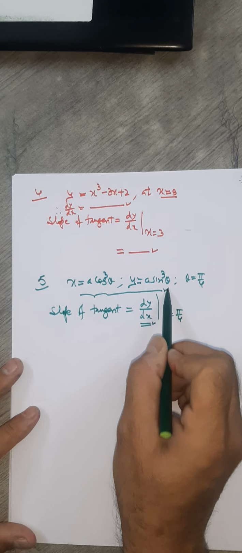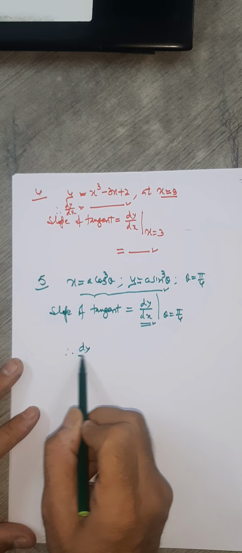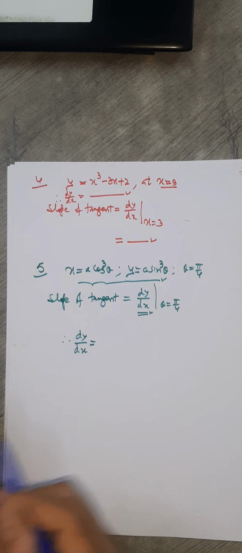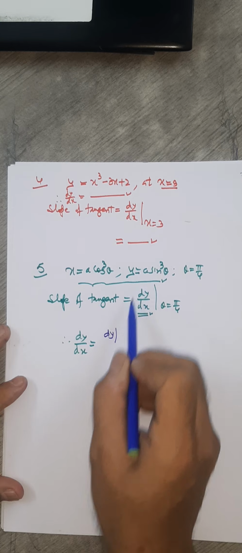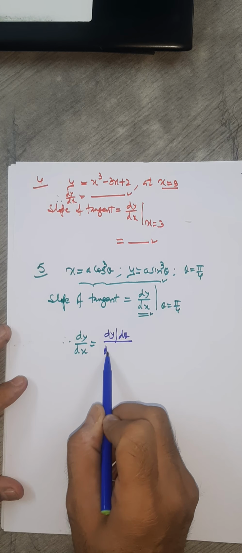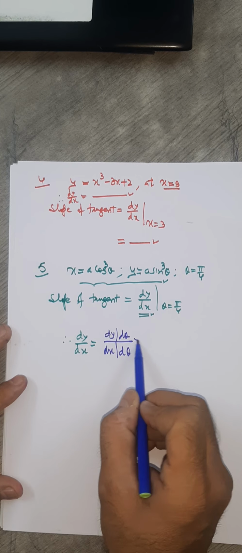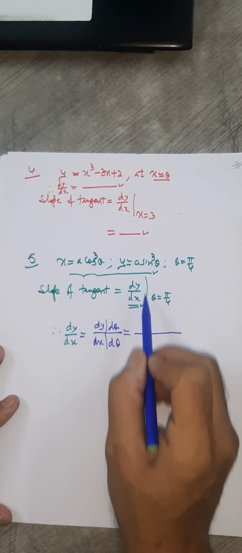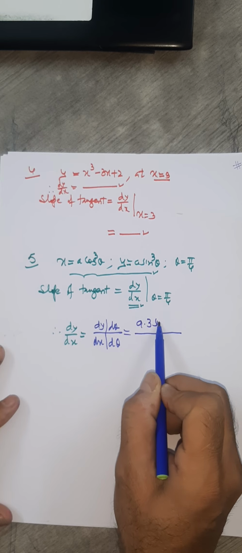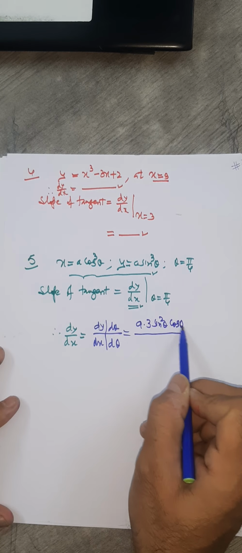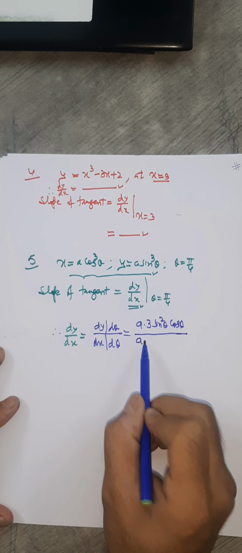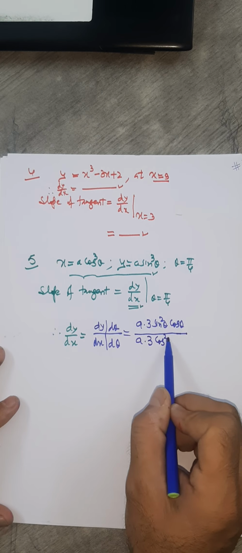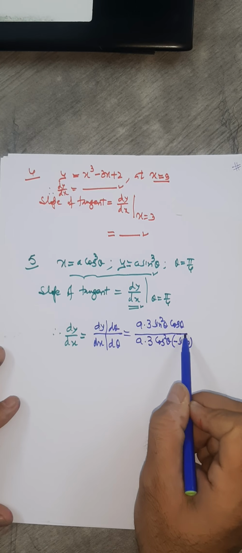Question is dy by dx. Now this is just from differentiation. So how do we get the dy by dx? You need to recall the parametric equations from the differentiation. So which is, you know, derivative of y with respect to theta upon derivative of x with respect to theta. You know very well all these things, right? Differentiation of y with respect to theta, chain rule. A 3 sine square and derivative of sine is cosine theta. Here a as it is, 3 will come in product. This is cos square and differentiation of cos is minus sine.